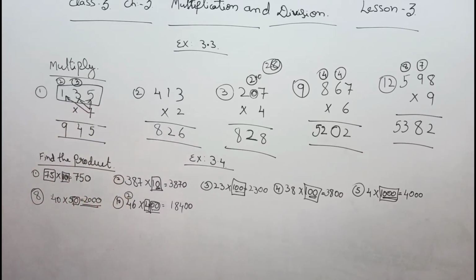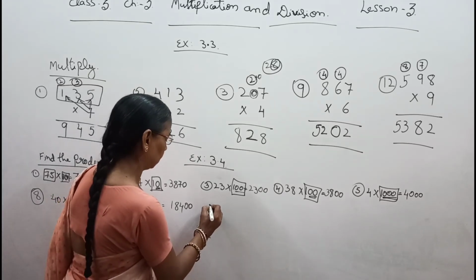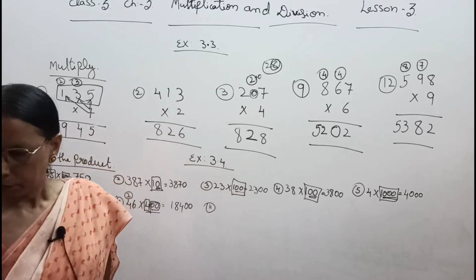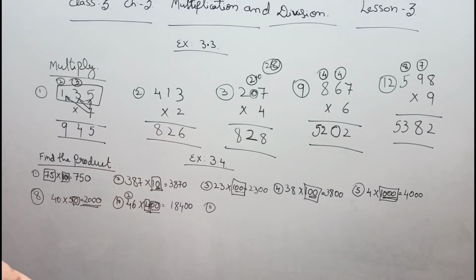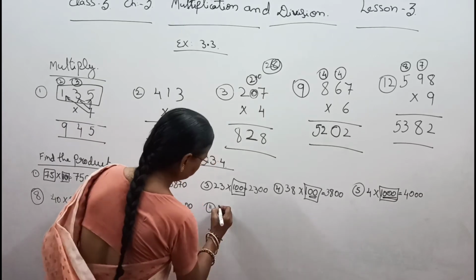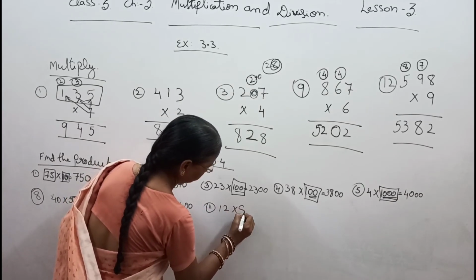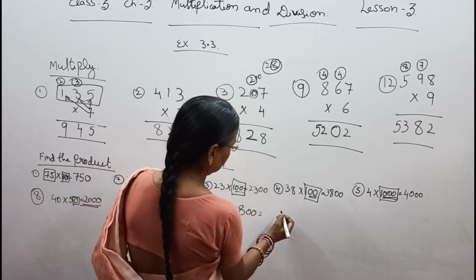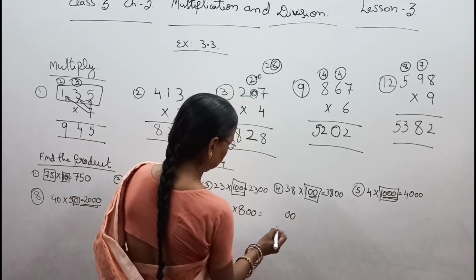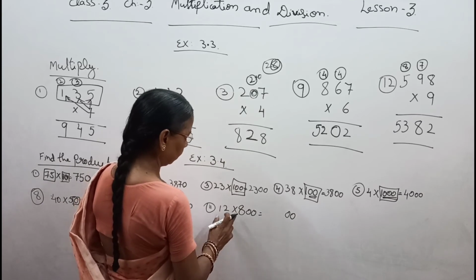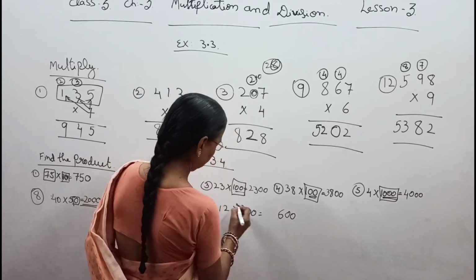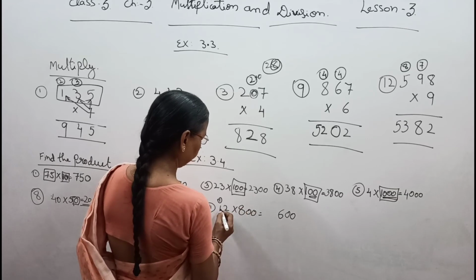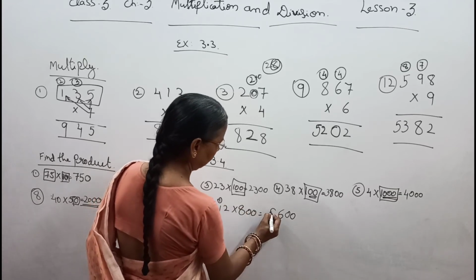Now the another question is 12 into 800. Here we have to put double 0 as it is, फिर 12 8 2 जा 16, 1 कैरी, 8 1 जा 8, 8 plus 1 9.